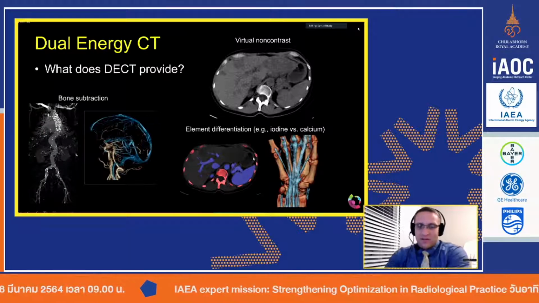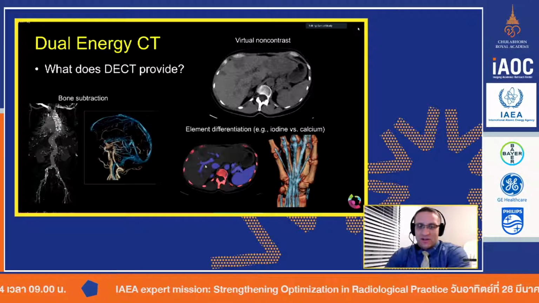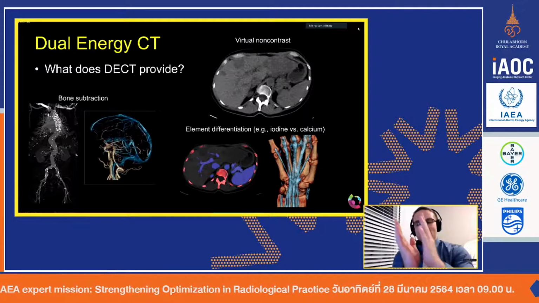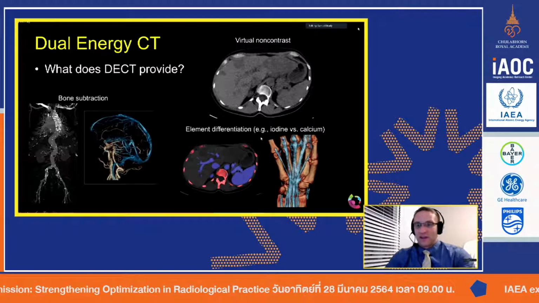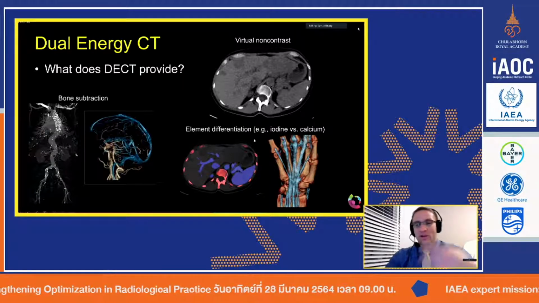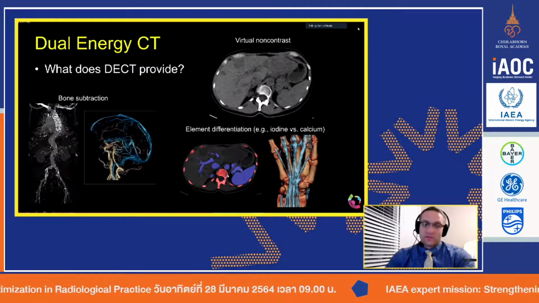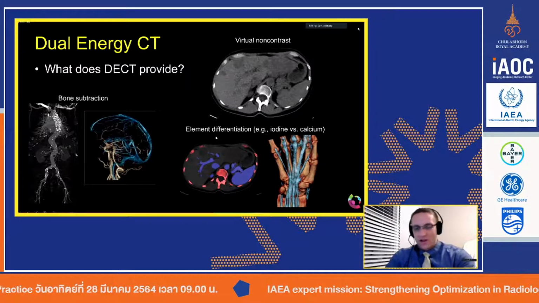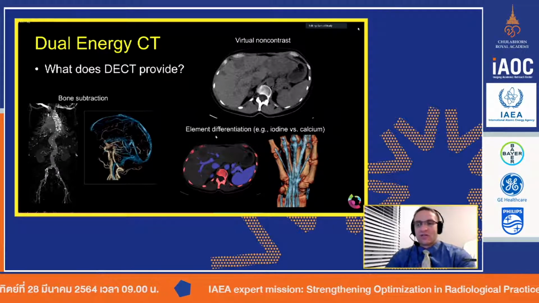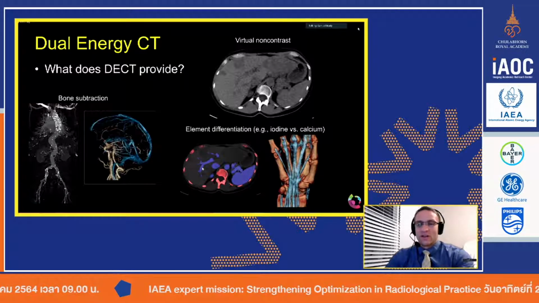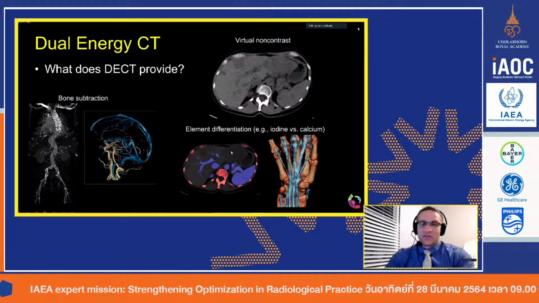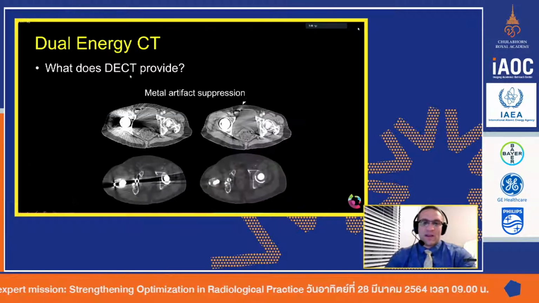And as I've been demonstrating, if the materials are distinct enough, we can identify them and color code them. So if you're looking at calcium versus iodine, or uric versus non-uric, you can create these pseudo color plots and display them as an overlay to the actual grayscale reconstructed image.